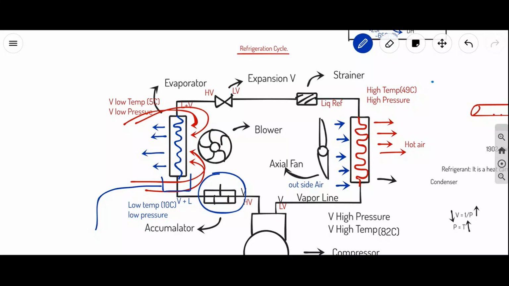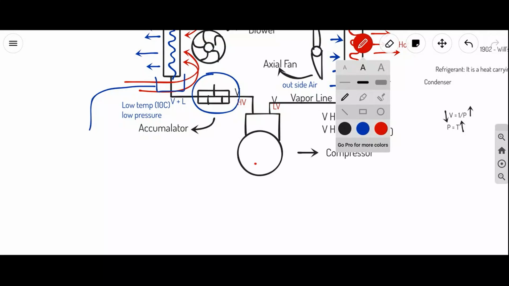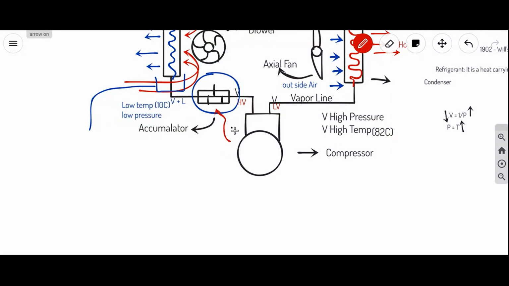But this accumulator will be attached near to the compressor. Whenever compressor is working, this compressor will emit some heat. Due to this heat, the liquid refrigerant will convert into vapor refrigerant, and vapor refrigerant will enter into the compressor, and cycle repeats.